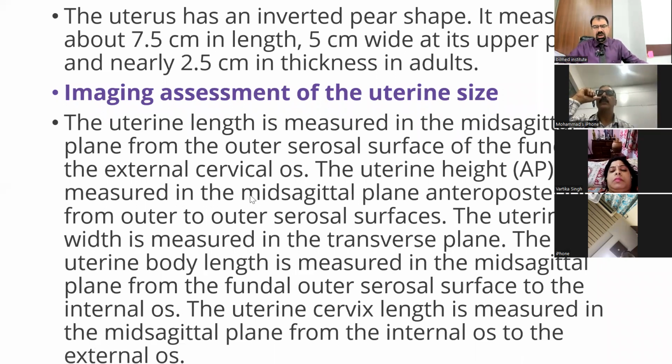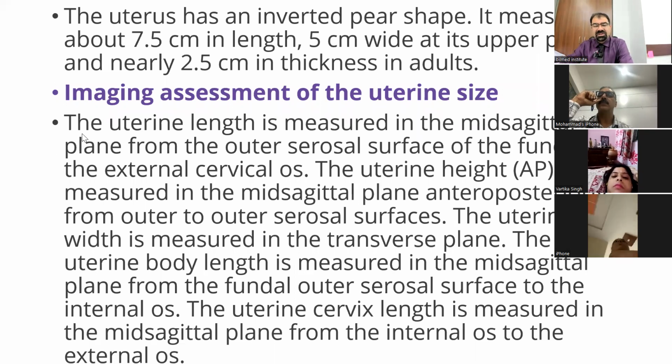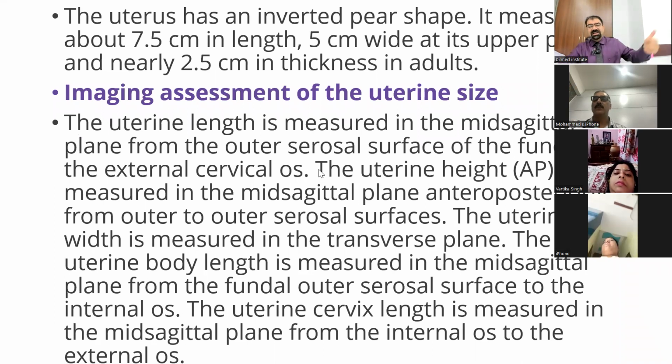So how to measure? Whether I have to add the cervix in the total measurements? Yes, I have to add. This is what is written over here. The uterine length is measured in a mid-sagittal plane, from the outer serosal surface of the fundus to the external os.